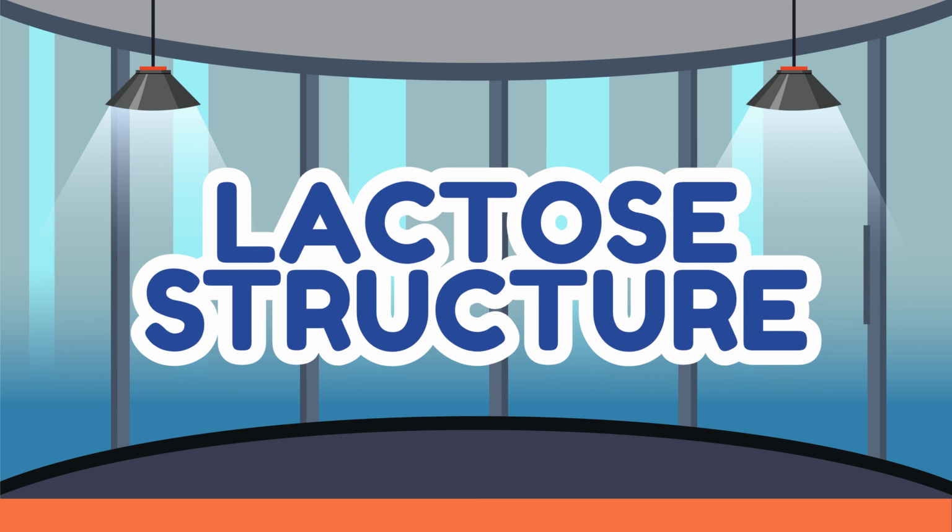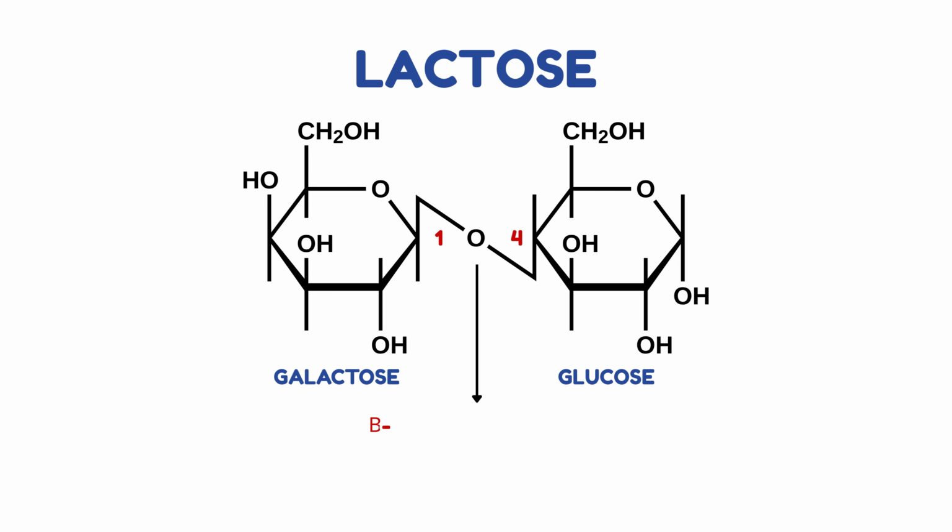Now that we've introduced lactose, let's take a closer look at its structure. As we remember, lactose is a disaccharide, which means it's made up of 2 simple sugars, galactose and glucose. These two are joined together by a beta-1,4 glycosidic bond, which is a type of covalent bond that connects sugars.